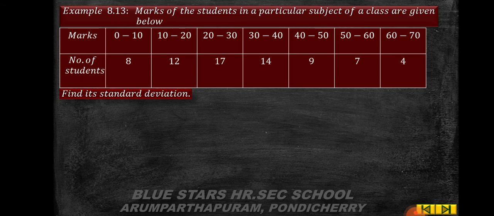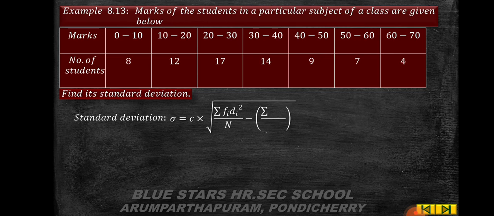Find its standard deviation. So standard deviation sigma is equal to C into root of summation Fi di square by N minus summation Fi di by N the whole square, where C is the class interval, di is equal to x minus a by c.